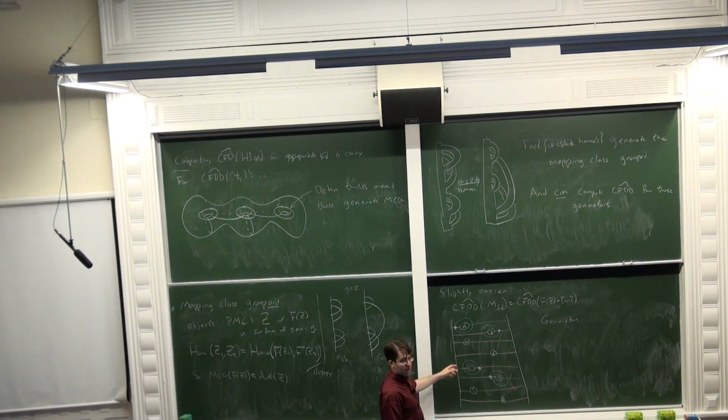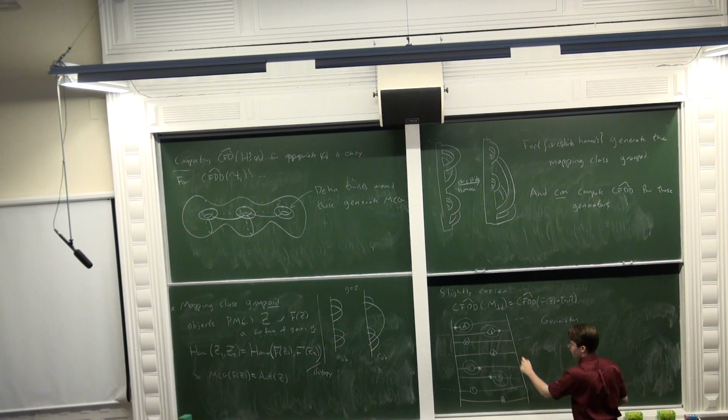There's some associated idempotent to this that comes from looking at the alpha arcs not occupied by the generator. So let's draw these dashed. So here's the associated idempotent to this generator on the left and on the right.